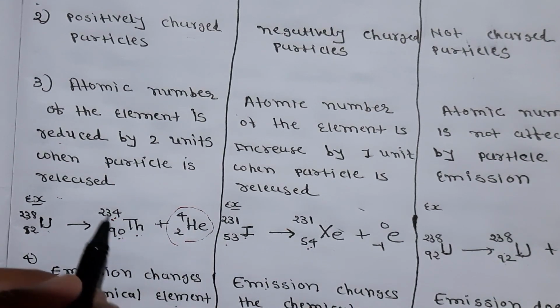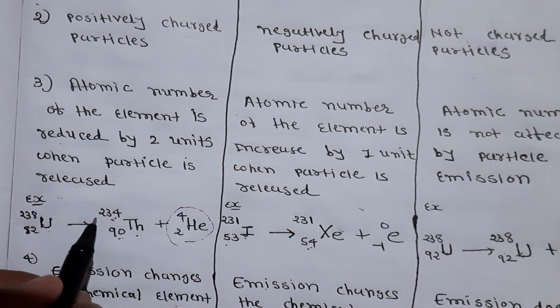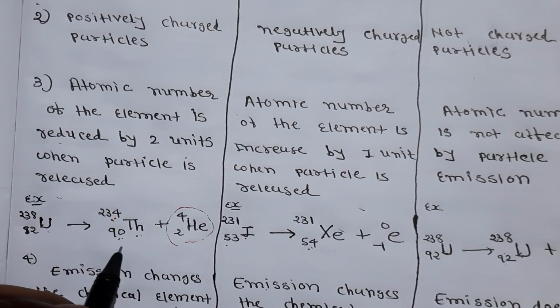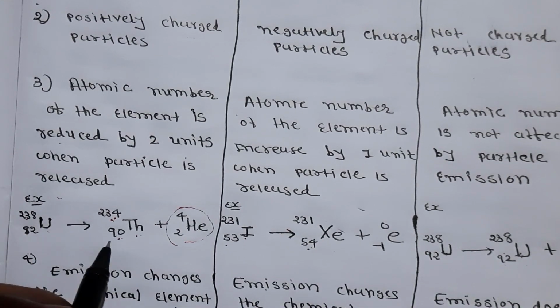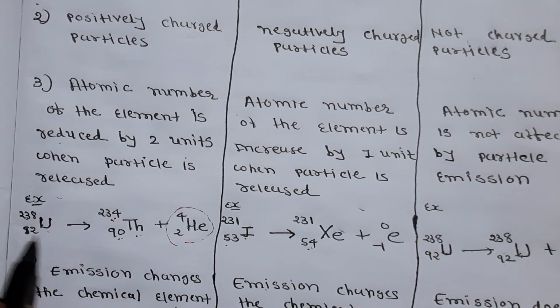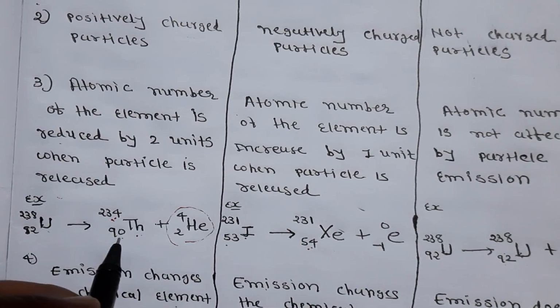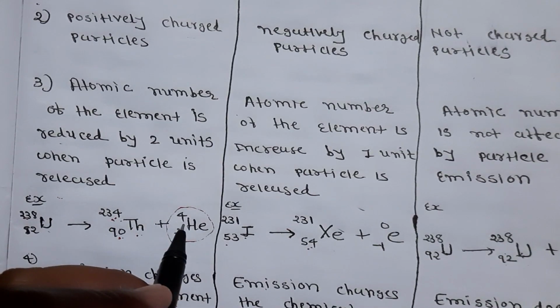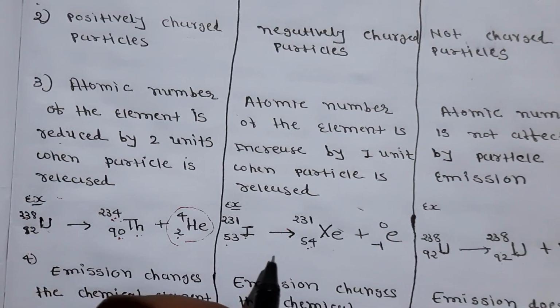And the new daughter element, with atomic number shifted 2 units left in the periodic table, and on both sides the atomic number and atomic mass remain the same. Here 92, here 90 plus 2, here 238 and 234 plus 4 means 238.